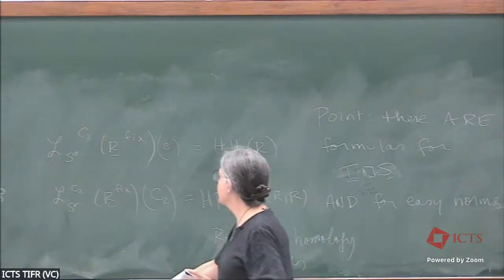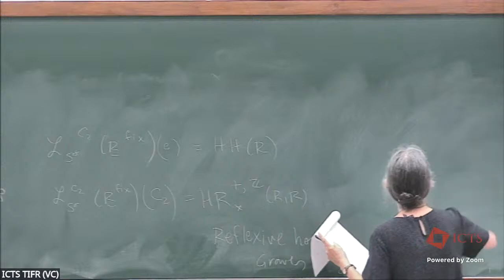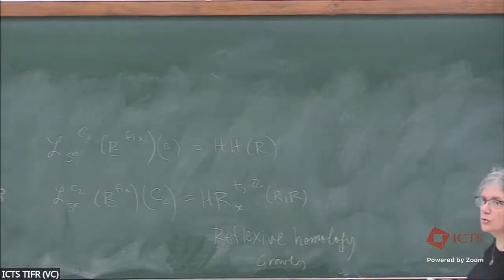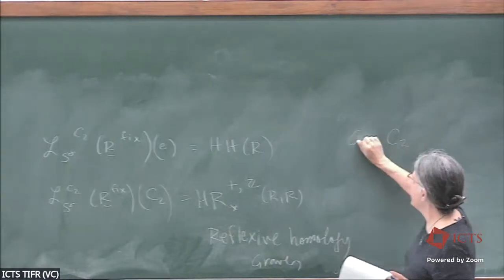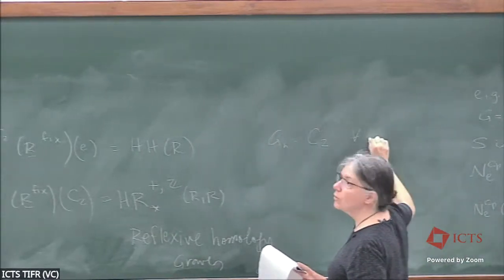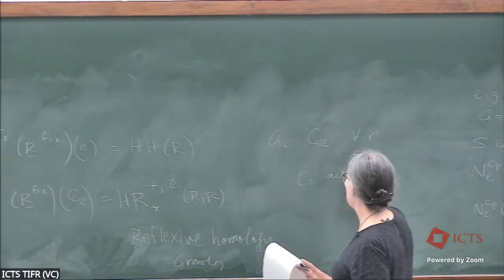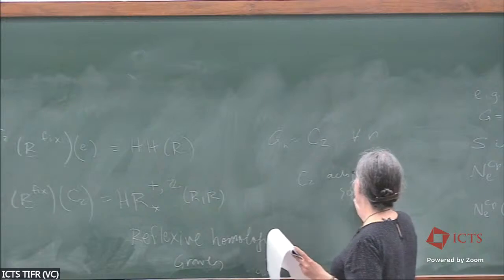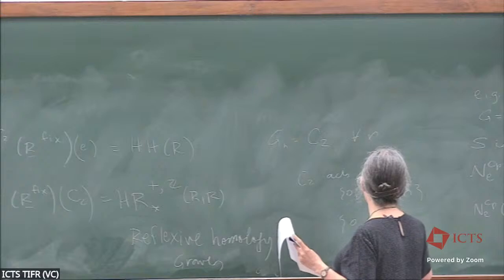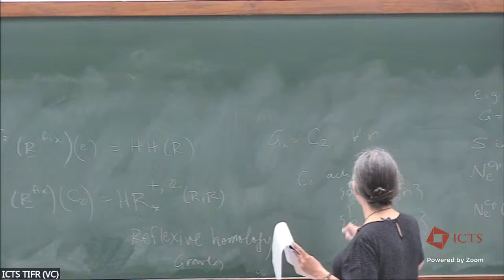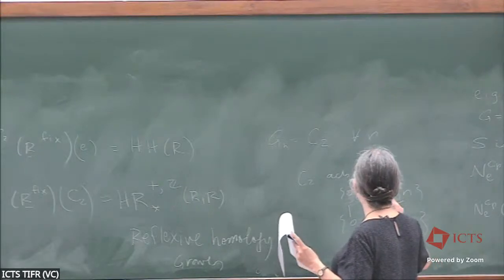And this connects to the beginning talks, because remember, one of my crossed simplicial groups had C2, Gn equals C2 for all n. And the way C2 acts on 0, 1, ..., n is it sends 0 to 0 and then flips the order of these guys.